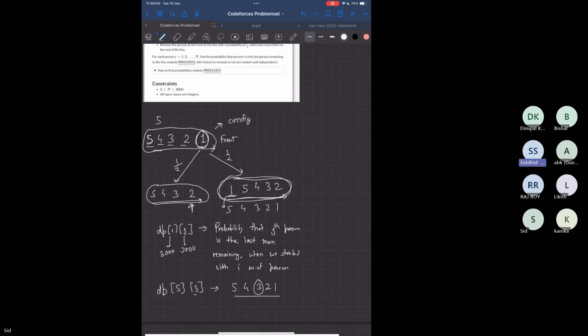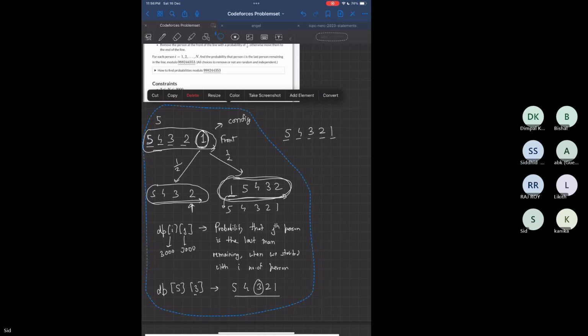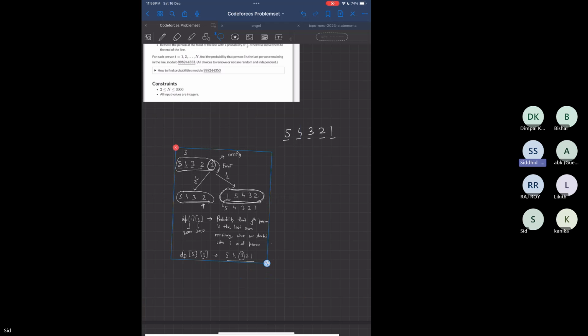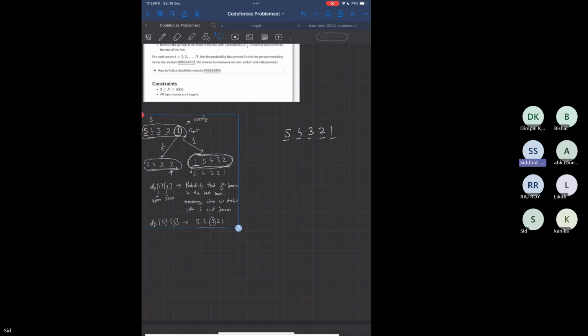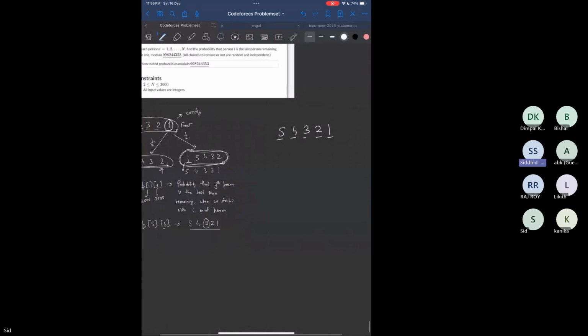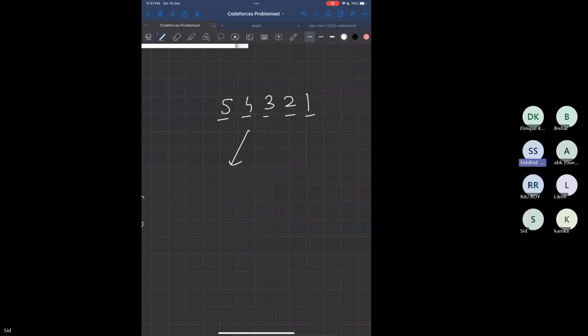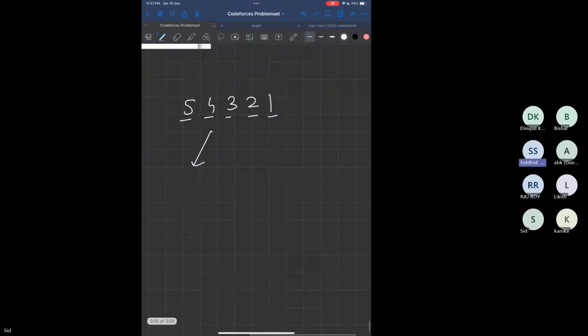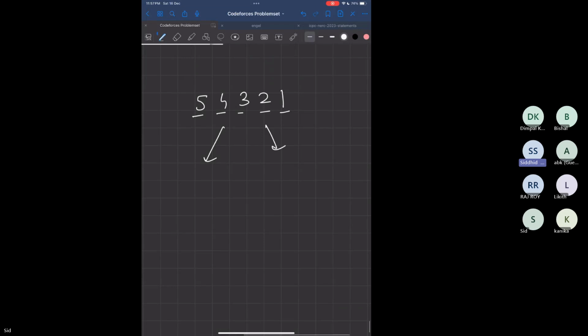So let's see for 2 in 5, 4, 3, 2, 1. For 2 to be the last person remaining, what can happen? First and foremost, there are two things we can do. We can remove 1 or we can keep 1.